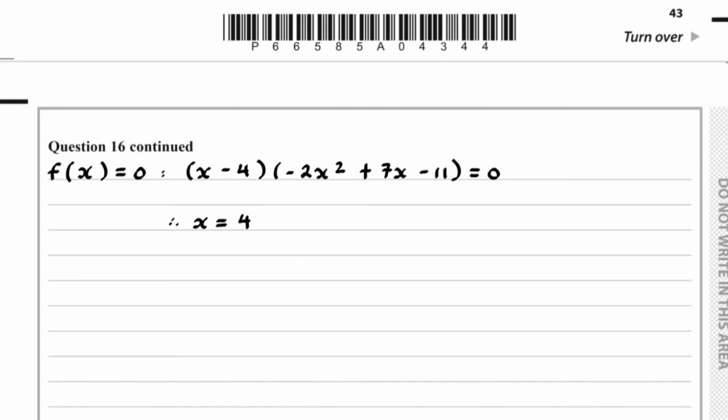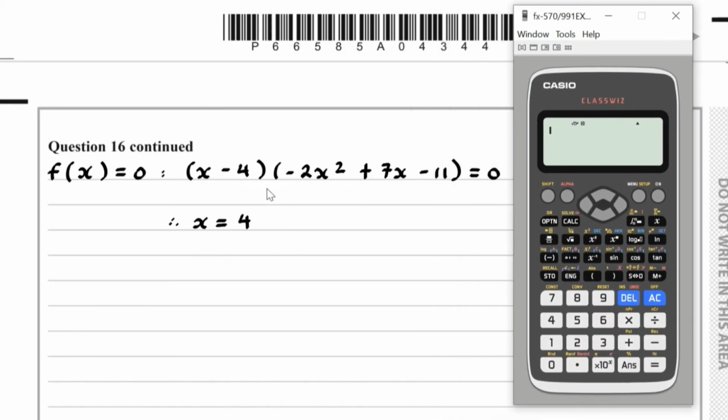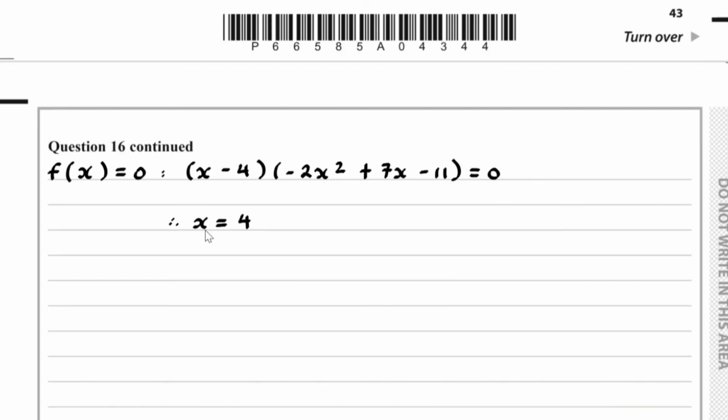And if I attempt to solve the quadratic, minus 2 x squared plus 7x minus 11, we do not get real solutions. And we can therefore conclude x equals 4 is the only real solution. And so the point where it intersects the x-axis is 4, 0.